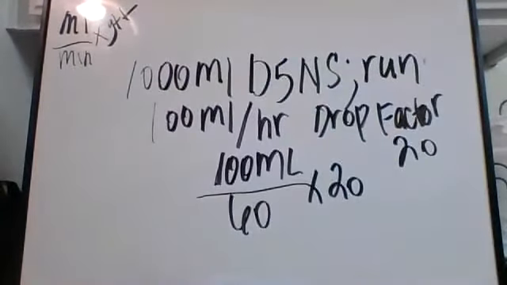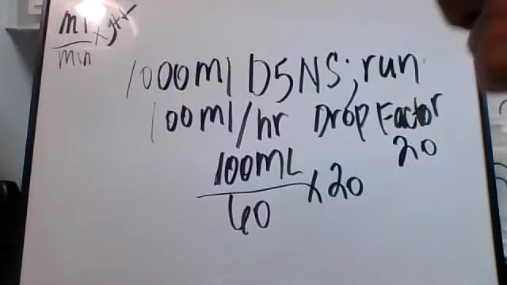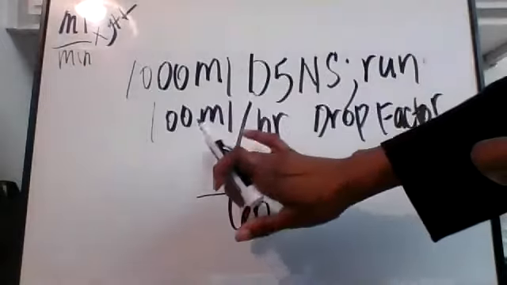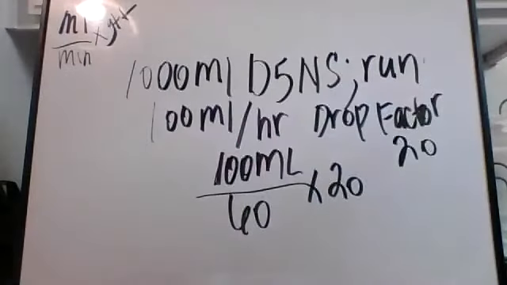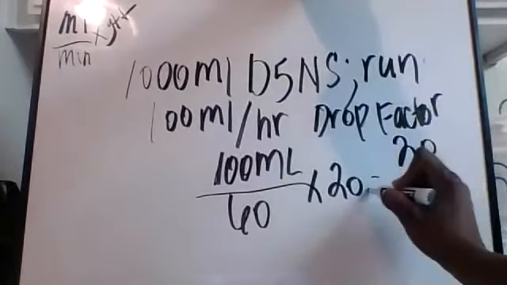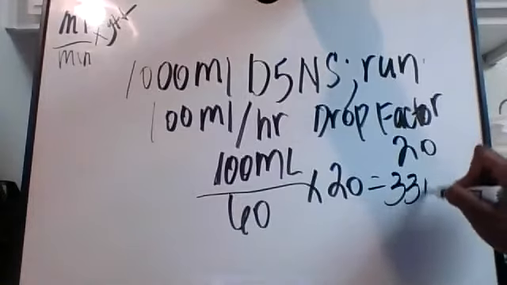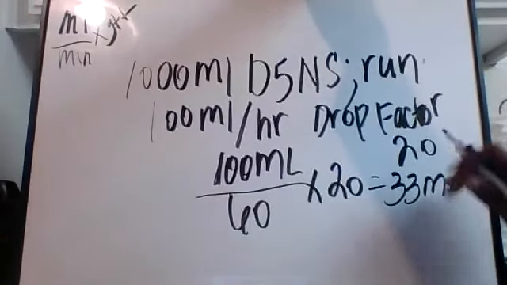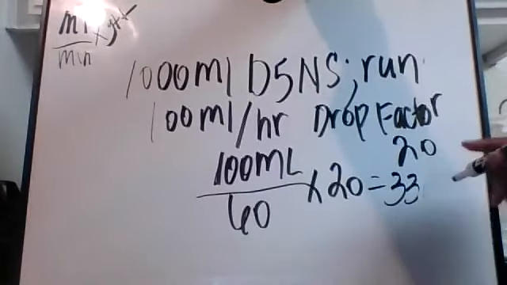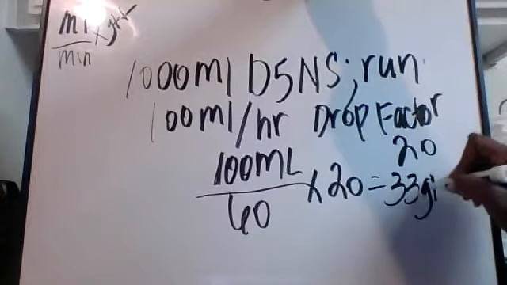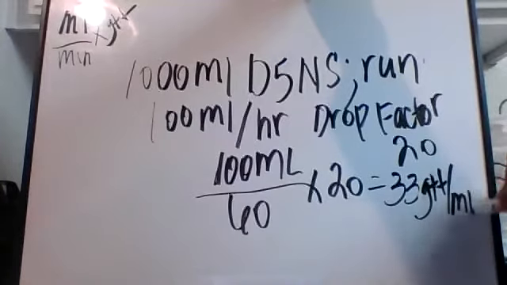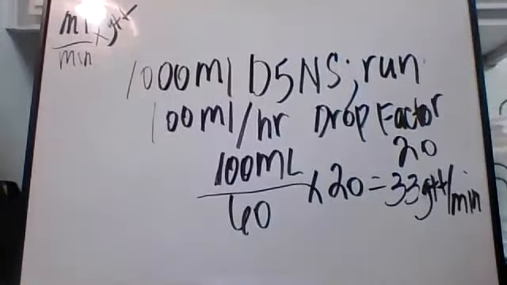Okay, so once we do the math for this one, 100 milliliters divided by 60 times 20, and we know that is 33 drops per minute, GTT per minute, okay? That's this problem.